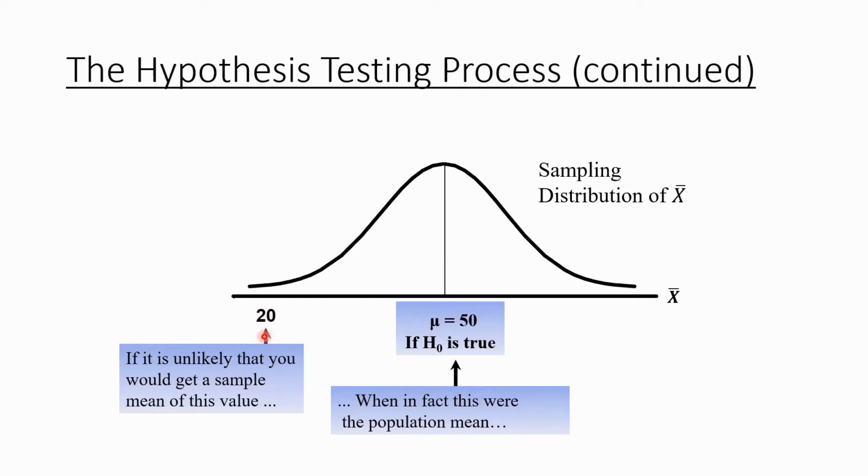You can see that when you draw this normal distribution curve, the probability of you getting 20 is very small for a sample. That is why I said getting a sample mean of 20 is very unlikely if the population mean was 50. So you can conclude that your population mean actually can't be 50, right?